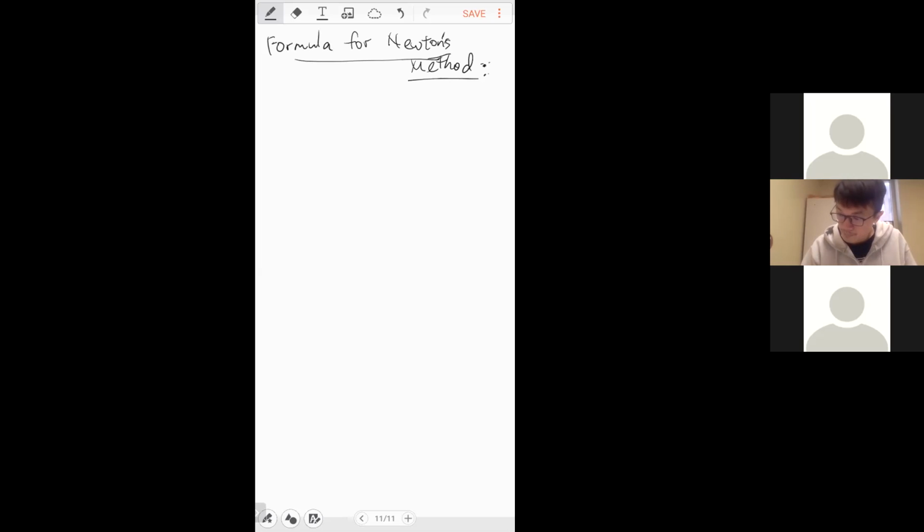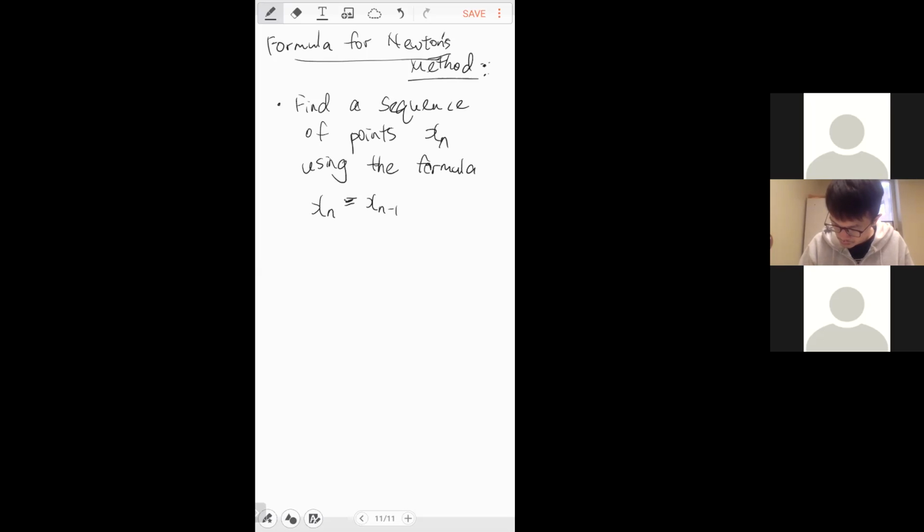But the idea is you want to find a sequence of points, called x sub n, using the formula x_n equals x_{n-1} minus f of x_{n-1} divided by f prime of x_{n-1}. That's the formula.